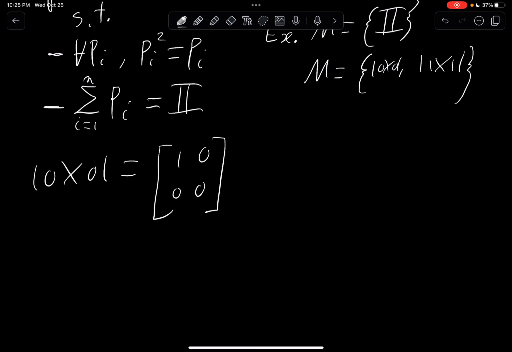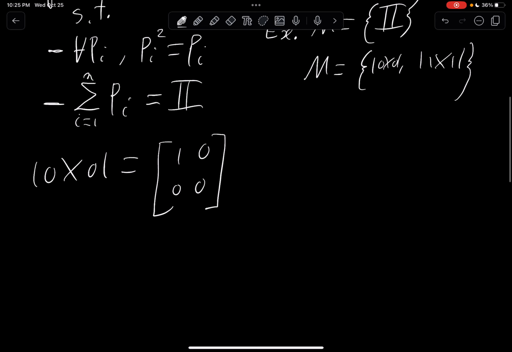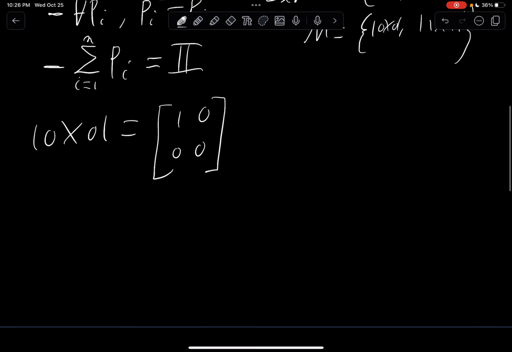And I told you that you could check that if you square this matrix, you get back itself. Well, if you do these calculations just using linear algebra, it gets annoying quite fast. But it turns out this Dirac notation gives us a way to verify this fact a lot faster. How to do that?